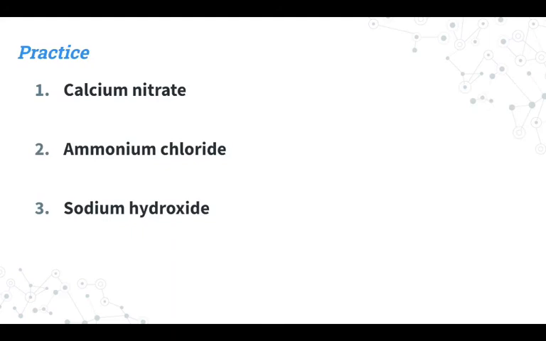Let's take a look at a few examples. Our first one is calcium nitrate. Calcium, Ca, has that +2 charge. Looking at nitrate, we'll find that on our list, and it says nitrate is NO3 with a -1 charge. From here, we'll cross our charges.